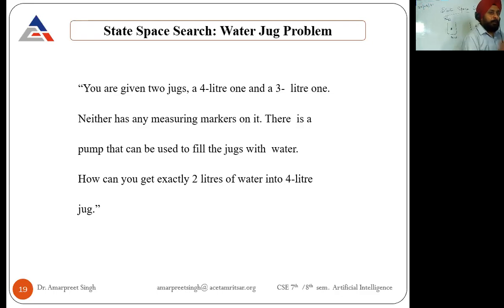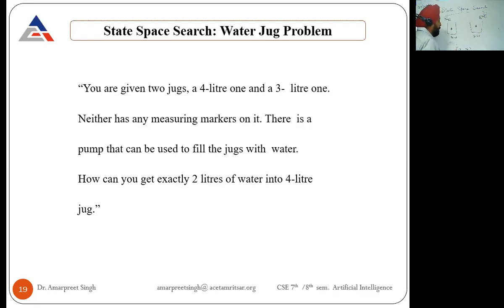The problem is you want any of the jugs with the required amount of water. Suppose in this case you want any jug with exactly 2 liters of water. How can you get exactly 2 liters of water into the 4 liter jug? So this is the final. The initial condition is not known. The final condition is you want 2 liters of water in jug 1, and there can be any amount X of water in jug 2.